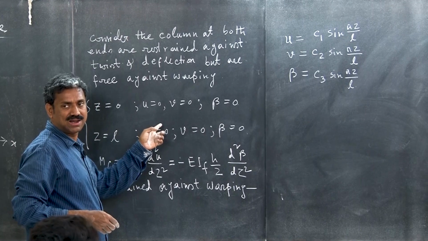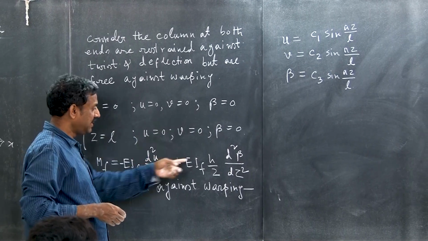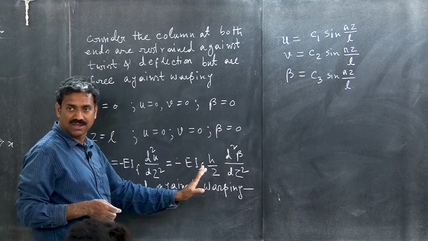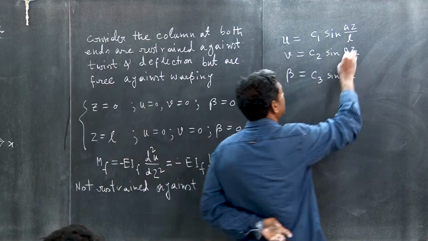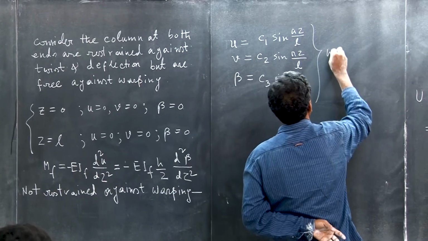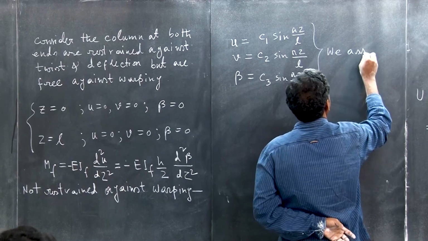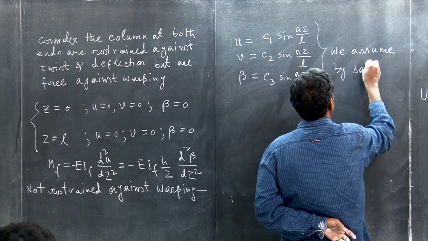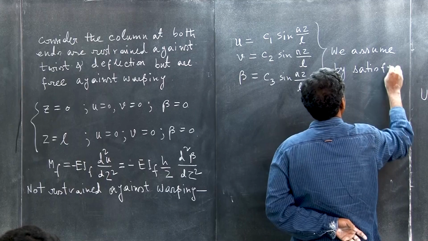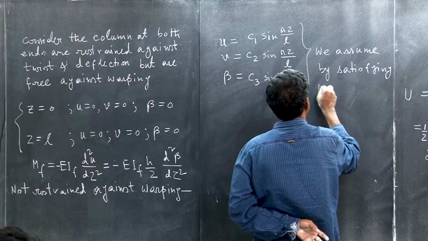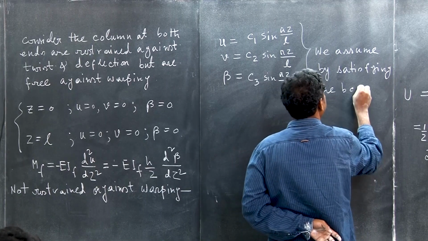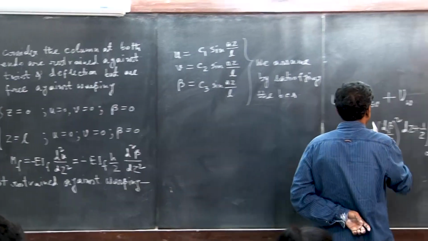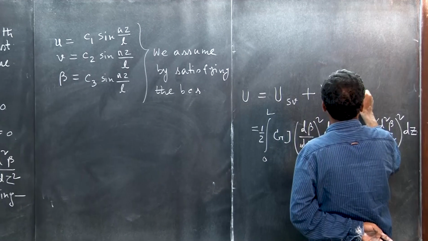All satisfy this: double differentiate, sine will be cosine, cosine will be sine, fine. The way we assume it is by satisfying the boundary conditions, right.